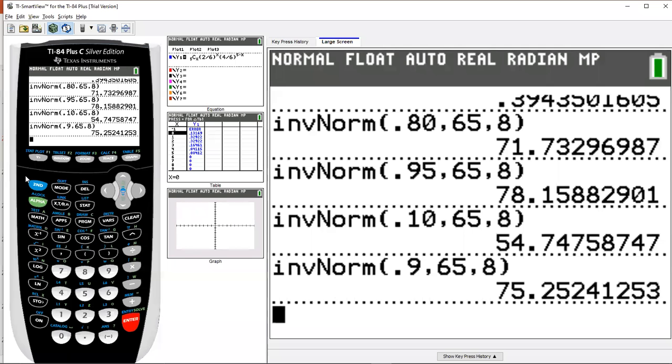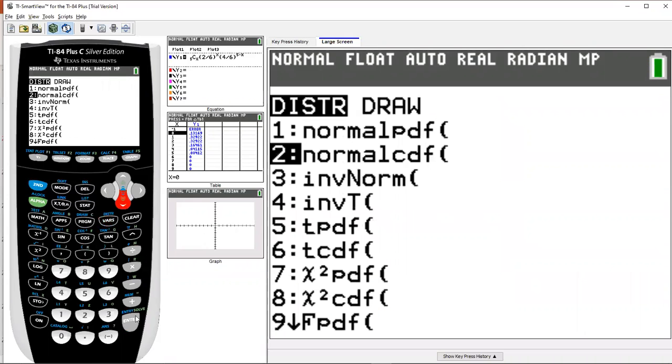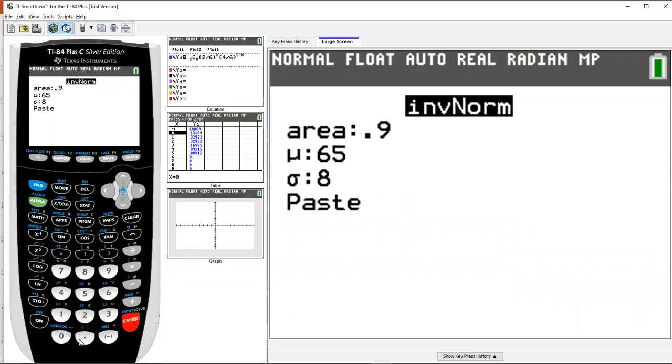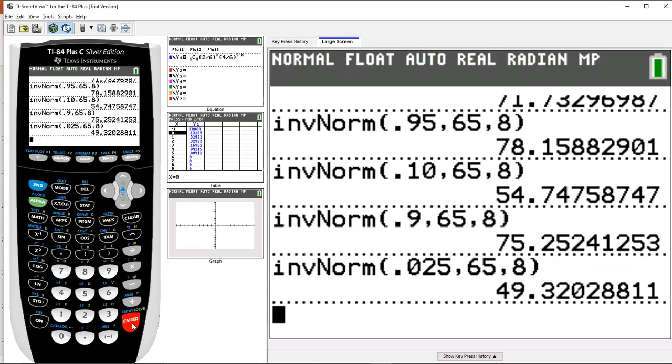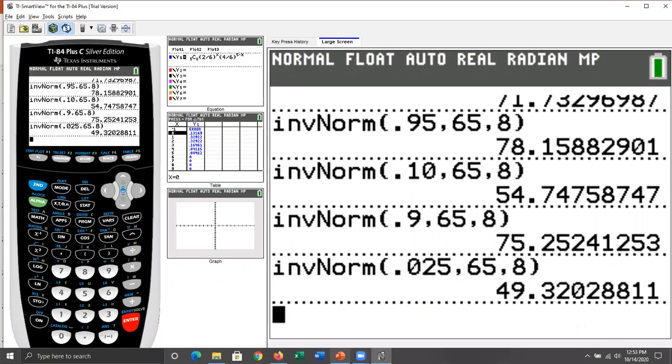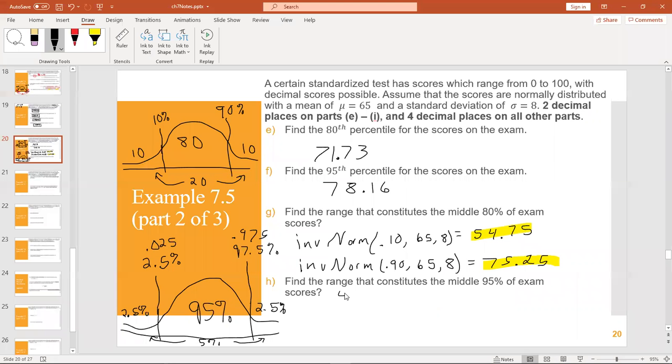And so we'll do something very similar to what we just did. Second vars, go to the inverse normal, start with 0.025, which will give me 49.32. So that's the low end.